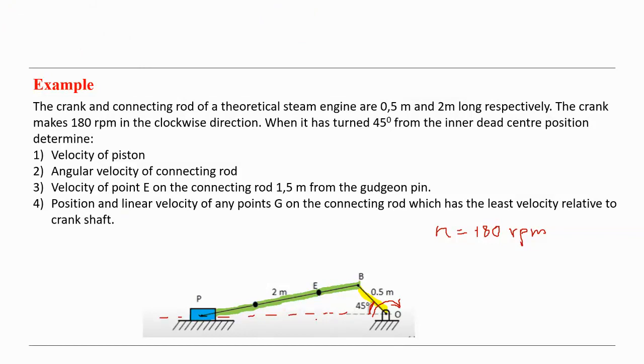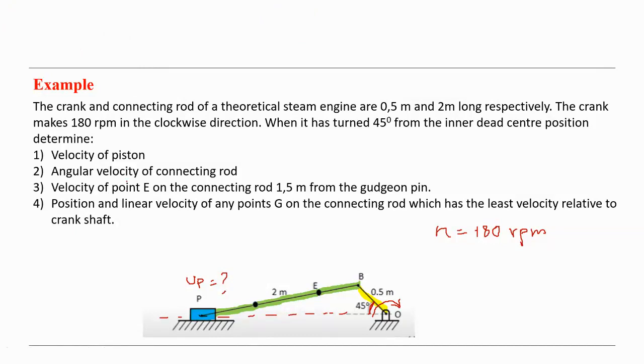So, what is the question? Velocity of the piston. We have to calculate the velocity of the piston P here. So VP is equal to question mark.